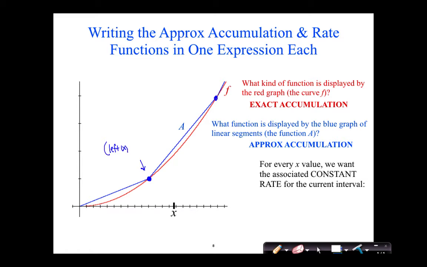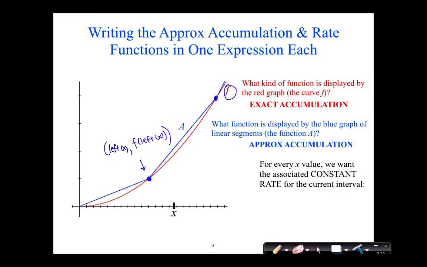What would I call the y coordinate at that spot? Not like y equals x squared, but just using f as the name of the function. The y coordinate that corresponds to this x coordinate? Yeah, f of left of x. So a composition of functions. I find left of x, and then I substitute it into function f.